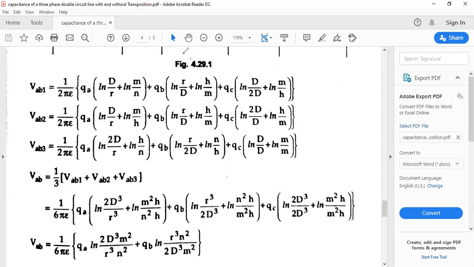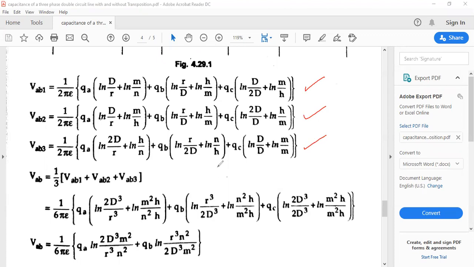VAB1 is given by 1 divided by 2 pi epsilon, in brackets QA times ln of d by r plus ln of m by n. So you will have these 3 distances written for VAB1, VAB2 and VAB3.